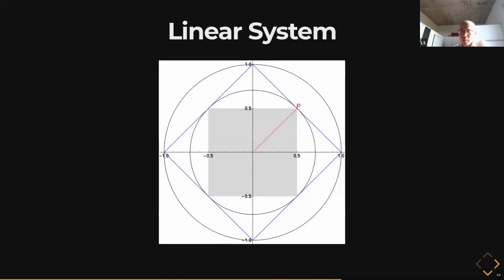So what's the coordinate of P? It's 0.5 on the X and 0.5 on the Y, right? I hope we are happy with this. So P is (0.5, 0.5). I ask you to calculate the 1 norm, 2 norm, and infinity norm for this value. Let's do it together.